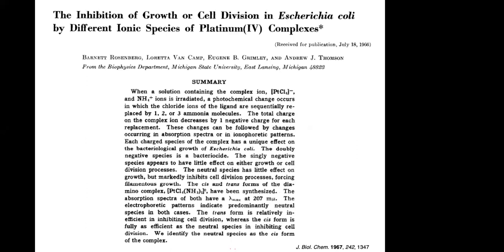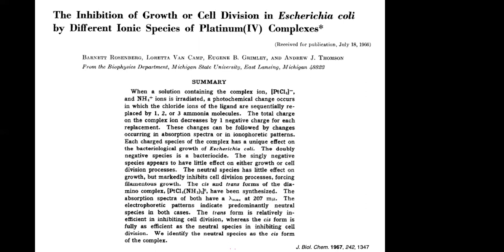And so there's a paper, this is from 1967, Journal of Biological Chemistry, and you can find this in the folder on Bcourses, but this is a relatively short paper, so I encourage you to give it a read.